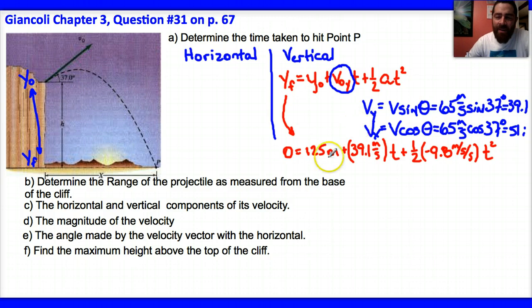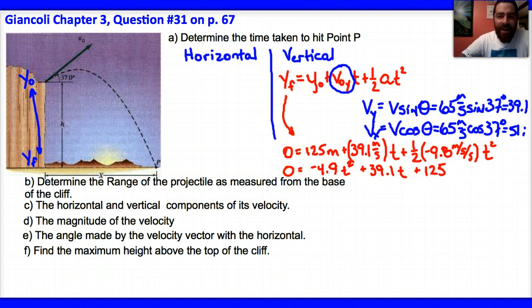Now, in this next step, I'm going to drop the units out and rearrange this equation a little bit. I'm going to leave the 0 on the left, but I'm going to move this term over first, so that you can recognize its form. I get negative 4.9 t squared, again I've left the units out on purpose, plus 39.1 times t, plus 125.